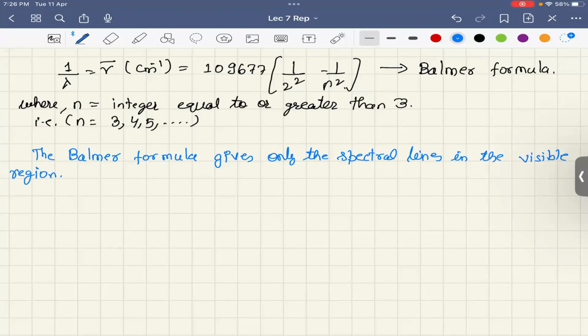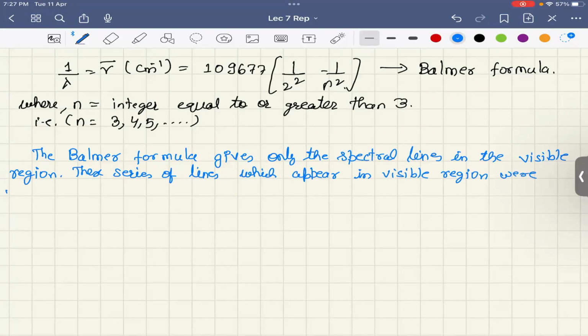And these series of lines which appear in the visible region were named Balmer lines, right?